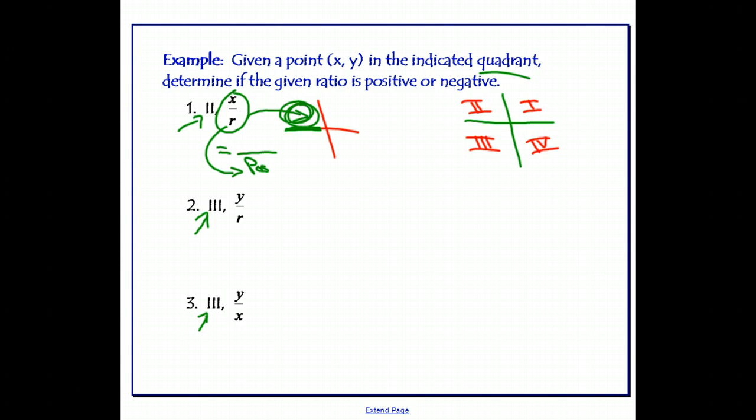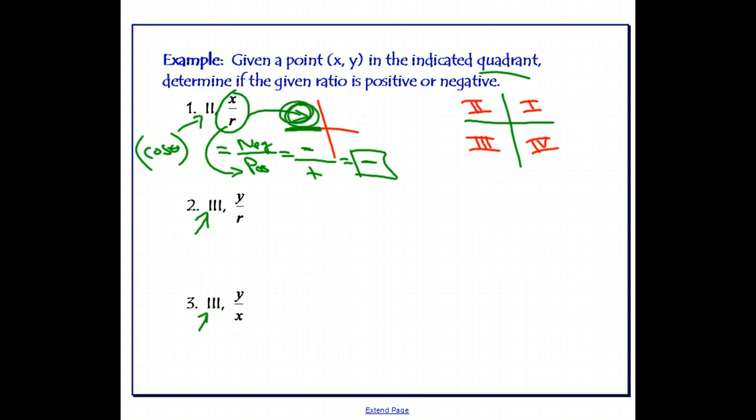Well, for the x-coordinate, I had to go to the left. The x-coordinate is negative. So I've got a negative number, and I kind of like to abbreviate it like this, a negative divided by a positive. And you know from algebra, a negative divided by a positive gives you a negative. So in the second quadrant, this ratio, which is x over r, which you might remember, wait, that's the cosine. In the second quadrant, it's going to turn out the cosine is negative.